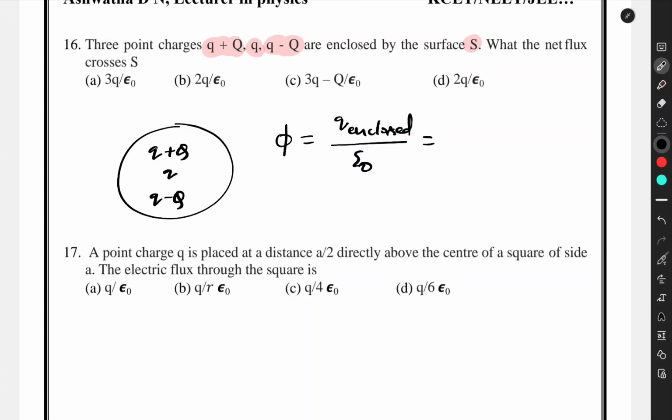What is the total charge here? Let me consider q plus Q plus q plus q minus Q. Here capital Q gets cancelled with the minus capital Q, and q plus q plus q is 3q. So 3q by epsilon naught is the answer. Answer A.